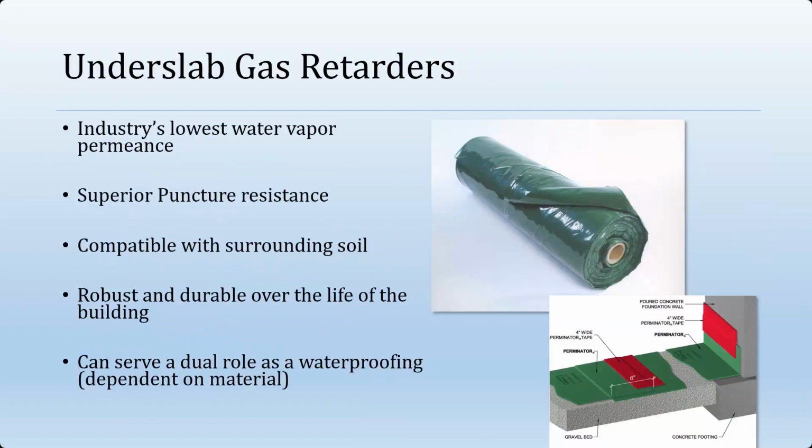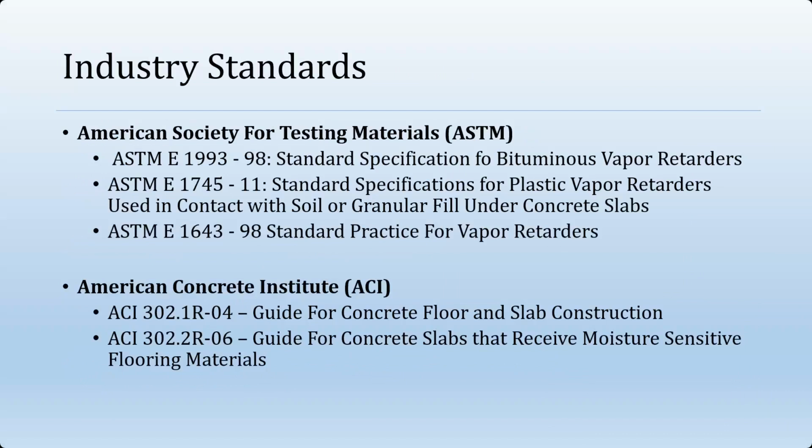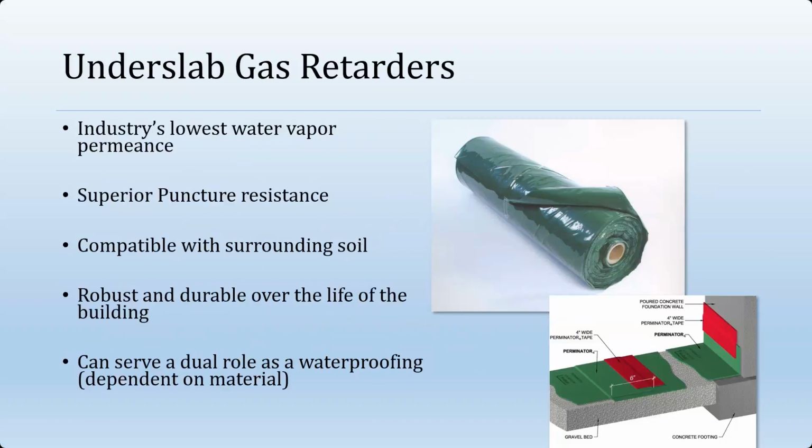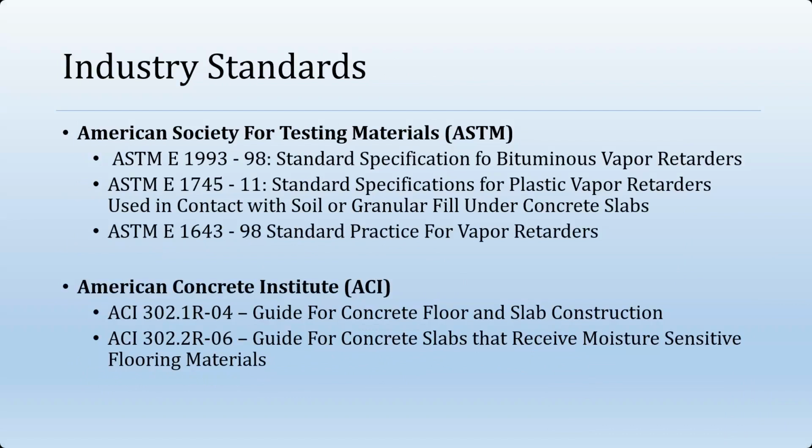So, running out of time here, but below grade gas retarders, again, these are only used for mitigating water vapor transfer or brownfield site developments. Sometimes we have brownfield sites where they have BTEX chemicals, and we'll go with the more substantial 7-layer chemical resistant types. And also a little spec note here: when specifying these types of systems, when we specify the plastic ones, we always use ASTM E1745.